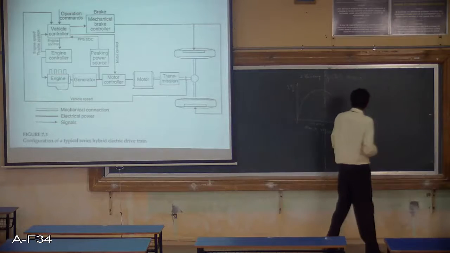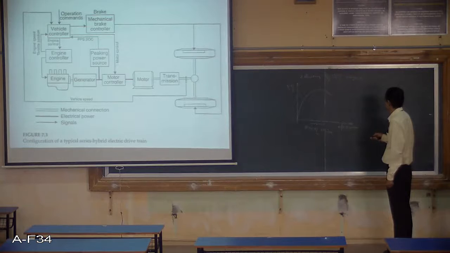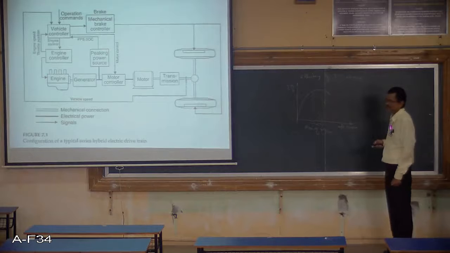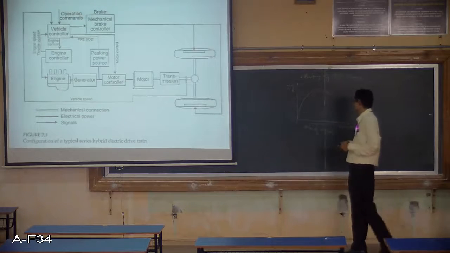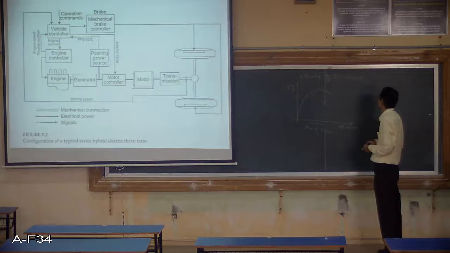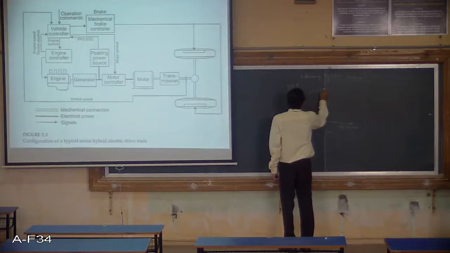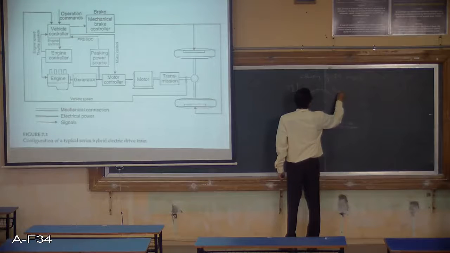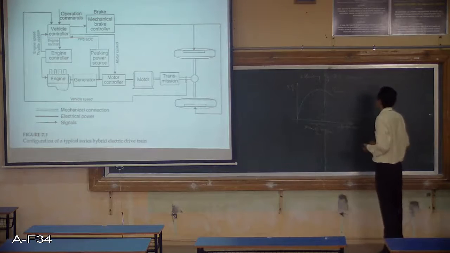So if we operate the IC engine within this particular region of the output power, we get maximum efficiency. That means the fuel requirement will be less as per the maximum efficiency characteristic. What could be the maximum efficiency of an IC engine?